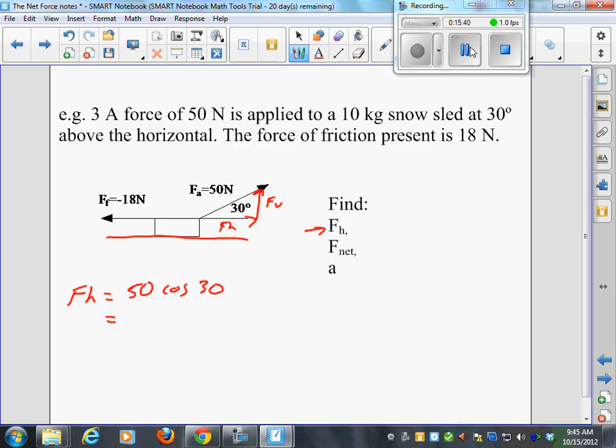Justin, can you do it for me? 43.3. So of the 50 newtons, 43.3 newtons goes into moving it sideways.